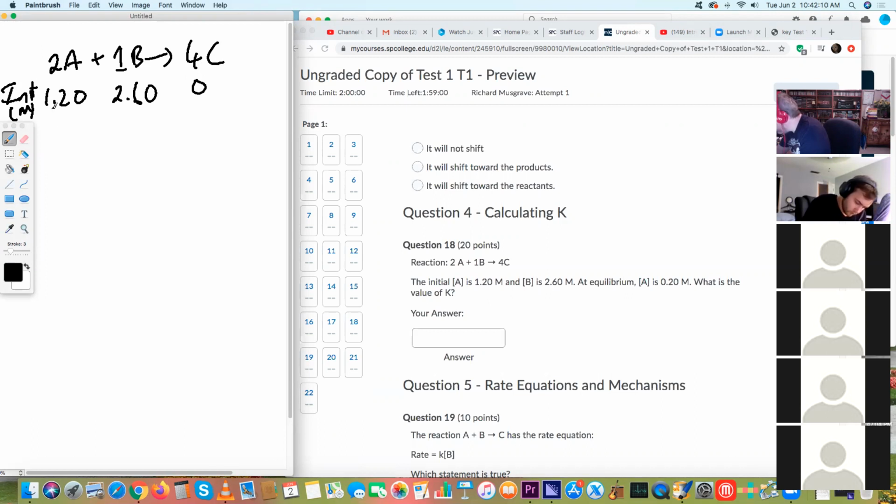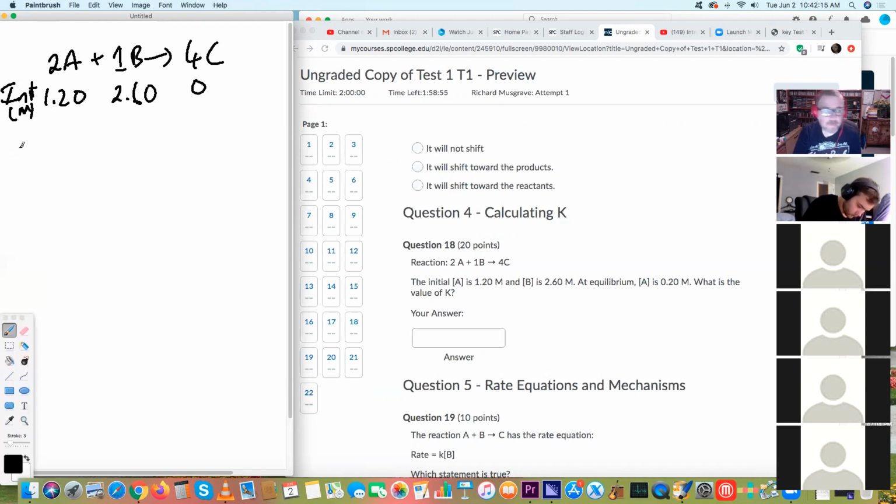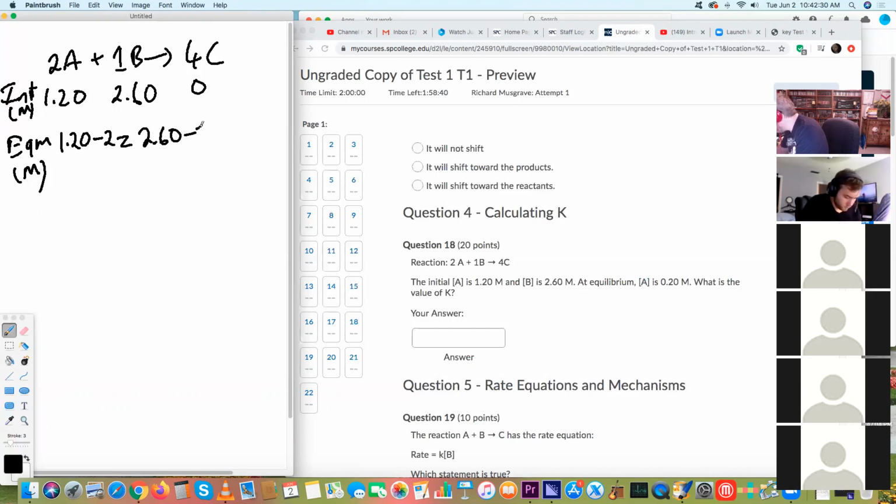And then the change here, at equilibrium, then we're going to have 1.20 minus 2Z. We're going to have 2.60 minus Z, and then we're going to have 4Z over here.